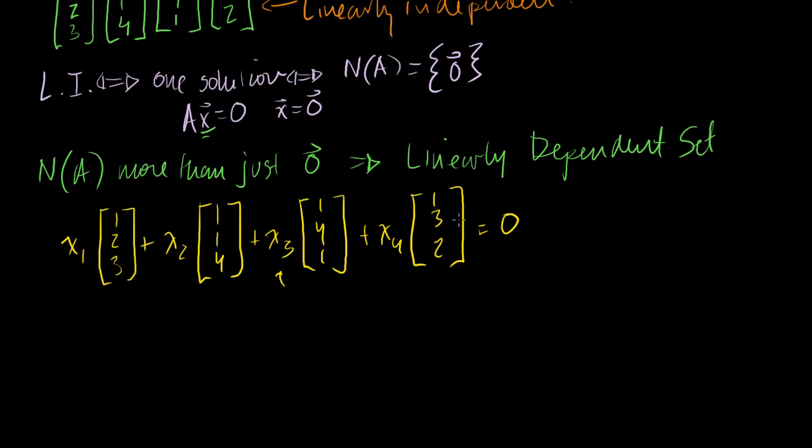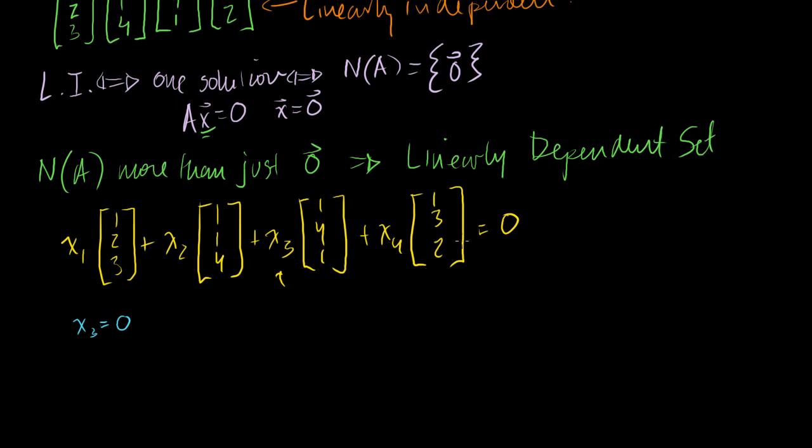If I subtract this from both sides of this equation, let me set x3 equal to 0. It was a free variable. So if I set x3 equal to 0, this guy disappears.